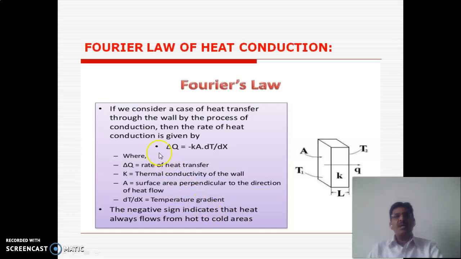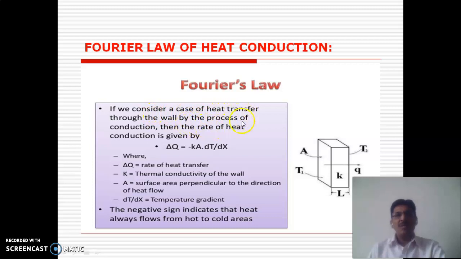In the conduction mode of heat transfer, to find the heat transfer rate, the basic fundamental law used is Fourier law of heat conduction.